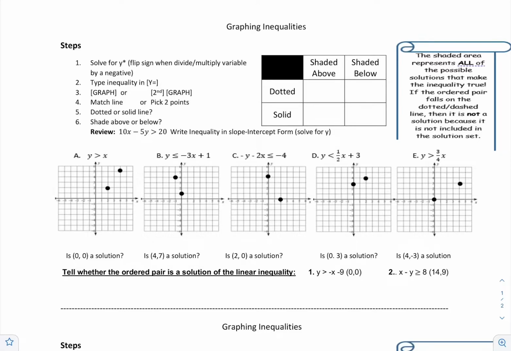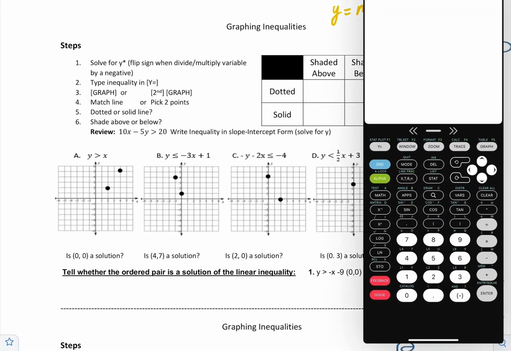All right, today we're going to talk about graphing inequalities. We've talked about how to graph y equals mx plus b, right? On a graph, if we bring out our calculator and we want to plug in 2x plus 3, oh, no, we need y equals first.